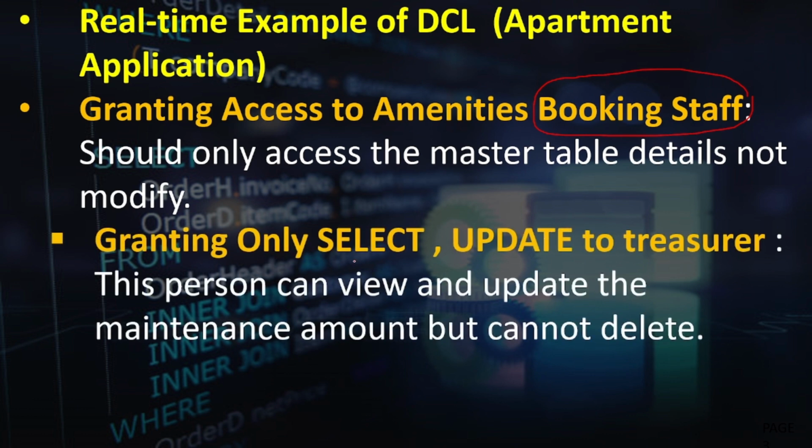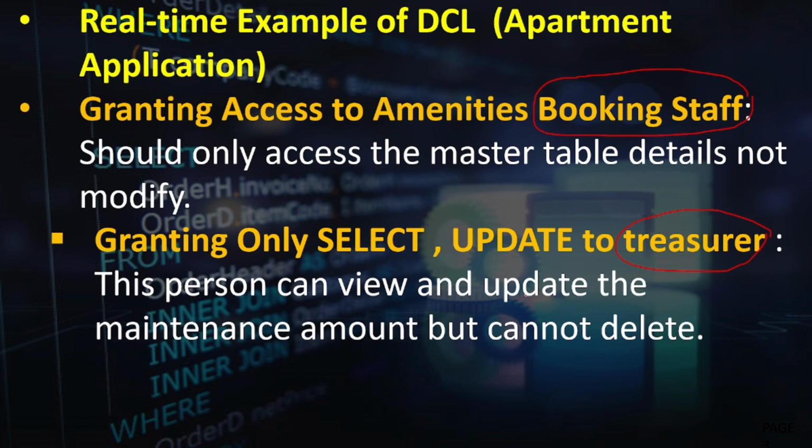Likewise, there is a person called the treasurer, who manages all the financial data for the apartment and residents. Let's say there is a monthly maintenance of 5,000 rupees being collected from all the residents, and this monthly maintenance has to be reduced by 500. Now instead of 5,000, it should be 4,500.